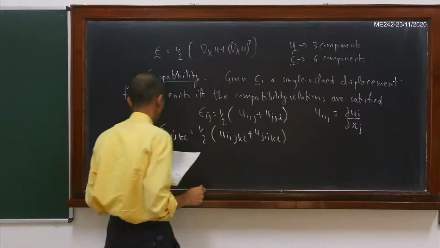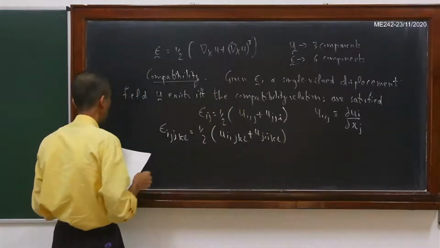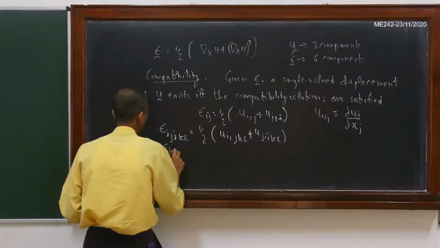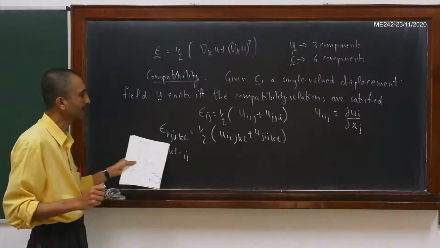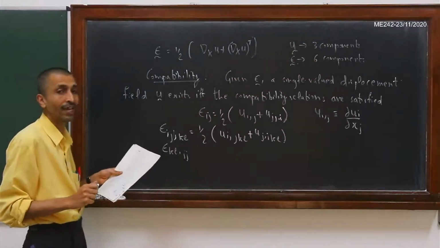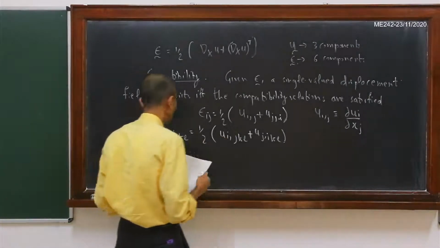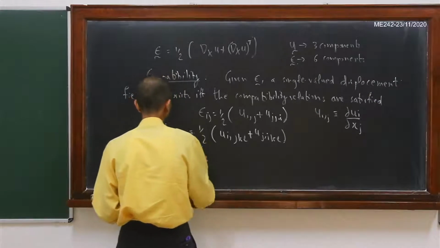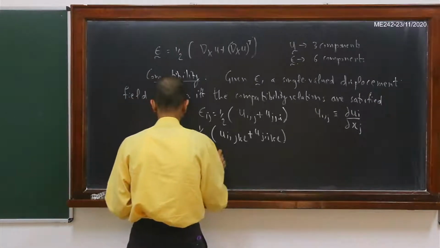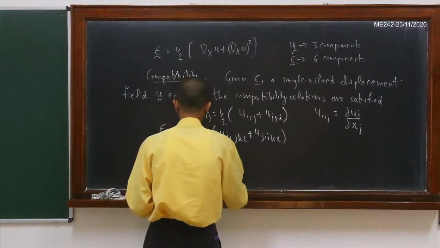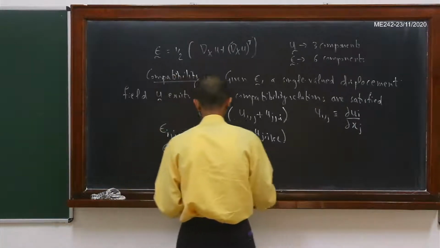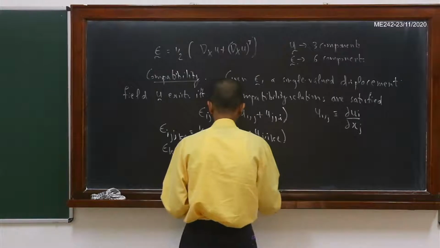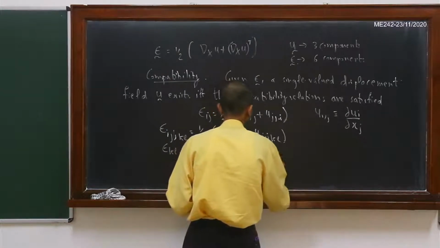Similarly I can find epsilon kl comma ij. All these i, j, k, l are free indices, because there is no summation involved over any of these indices here. So this is half of u k comma l i j plus u l comma k i j.